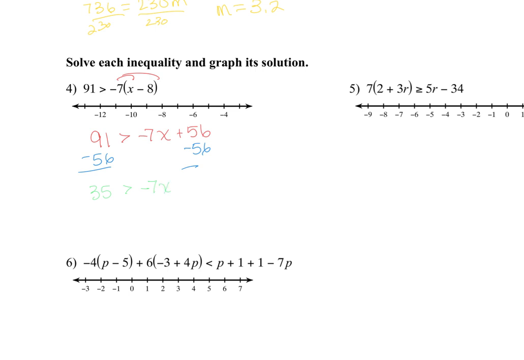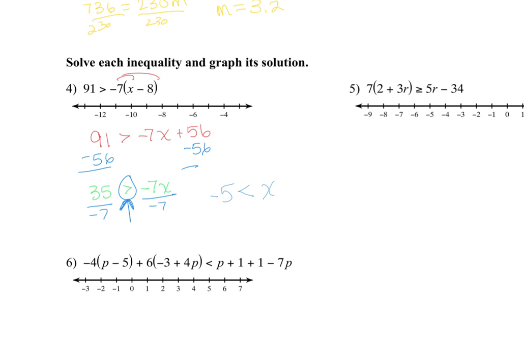So for this one, my final step's to divide by negative 7. And when you divide by a negative, that's when you're going to flip that sign. So 35 divided by negative 7 is negative 5, but I am going to change this sign. I'm going to flip it the other direction.